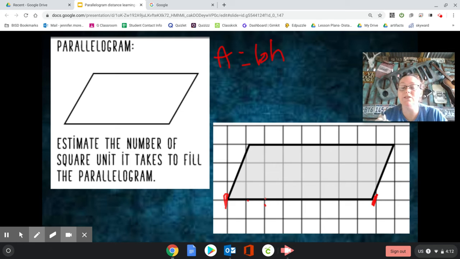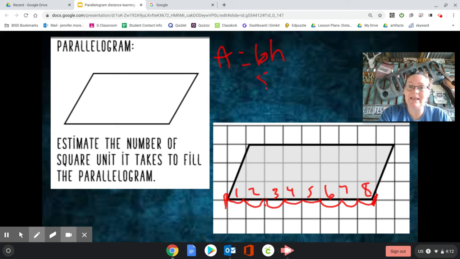But be careful, you want to know the spaces, how many units there are between the two corners. So here's 1 space, 2, 3, 4, 5, 6, 7, and 8. We'll call that 8 there. So the base of this is 8 units.